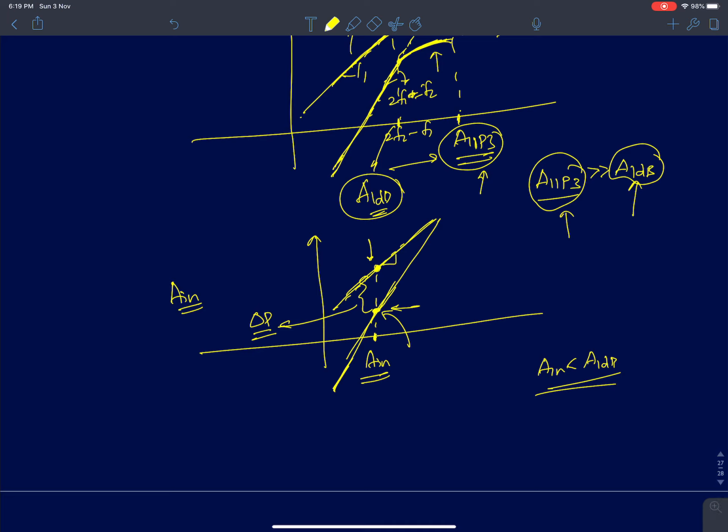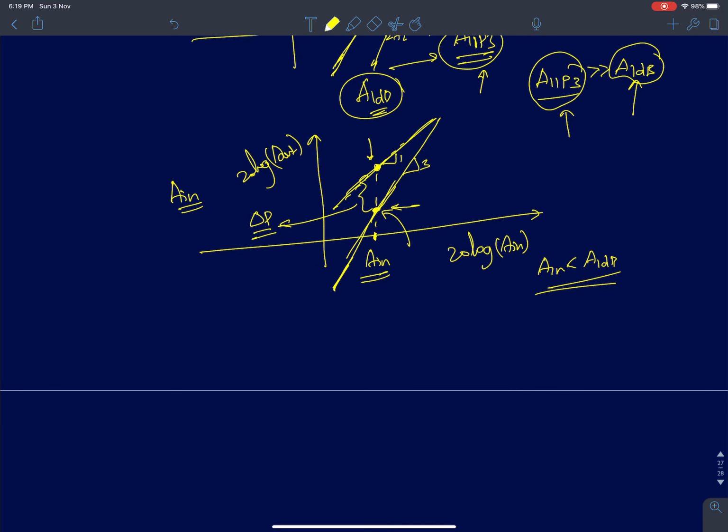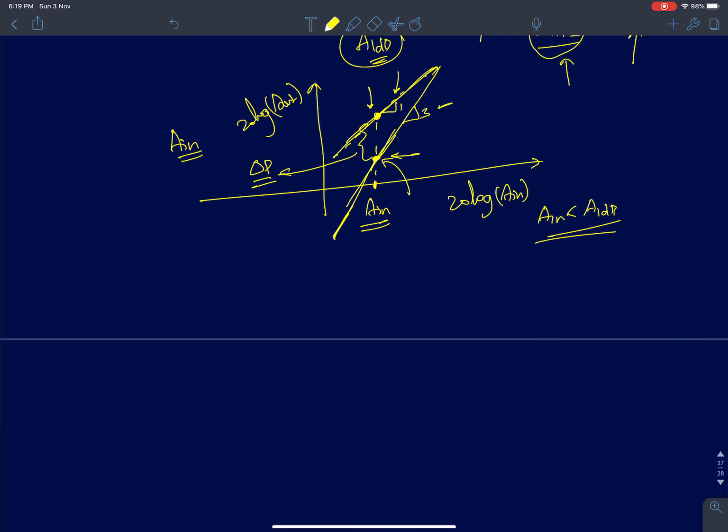Now we know that the gain of this is going to increase with a slope of 1, and this is going to increase with the slope of 3. So I'm now varying 20 log of A in, and I'm finding out 20 log of A out. The power of this is going to increase 3 times compared to this one. Now I'll plot the difference between the two levels.